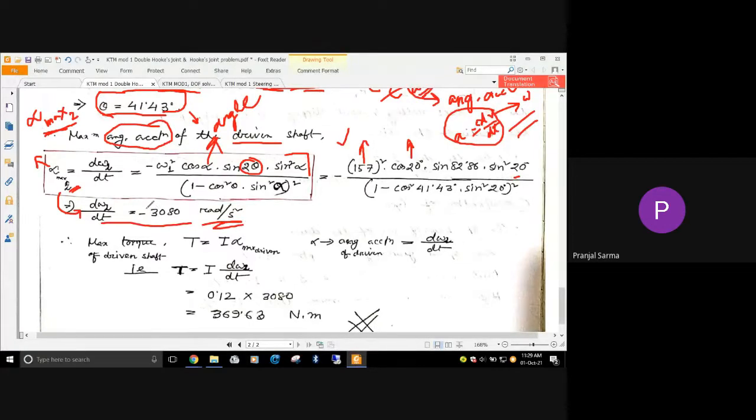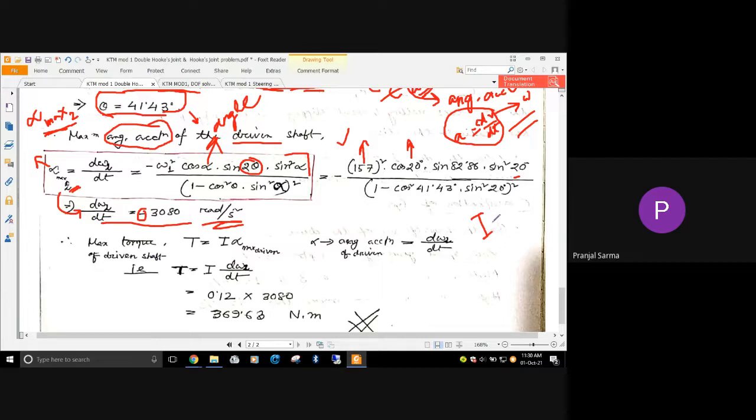This is the angular acceleration we are talking about. The negative sign, don't get confused, basically gives you the directional sense. Now that we have the alpha value also, we have the maximum angular acceleration. We already found I by mk square.